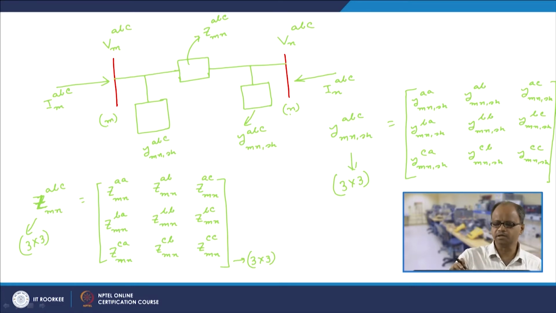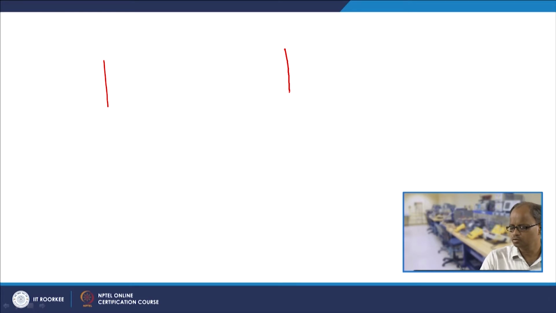how do I represent our system, that same small system? So now our small system is something like this: bus 1, bus 2, we are writing it a little broader, bus 3, and we have bus 4.